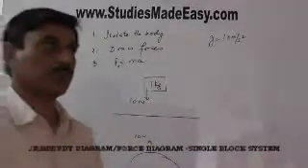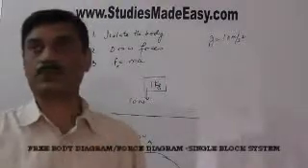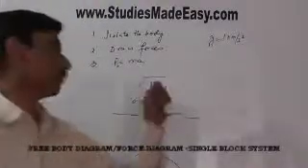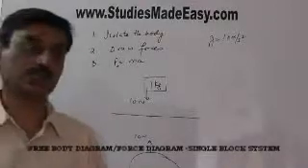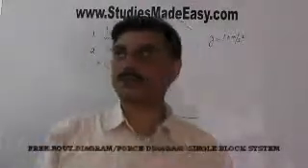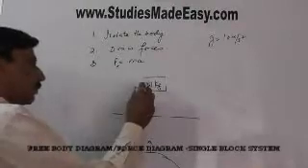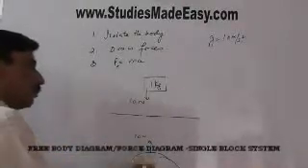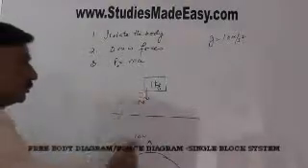Please do not make the mistake of thinking that the Earth applies more force on the body and the body applies less force on the Earth because it has less mass, or that the Earth has more mass so it applies more force. No, that is not the appropriate logic. Newton's third law says, to every action there is an equal and opposite reaction.